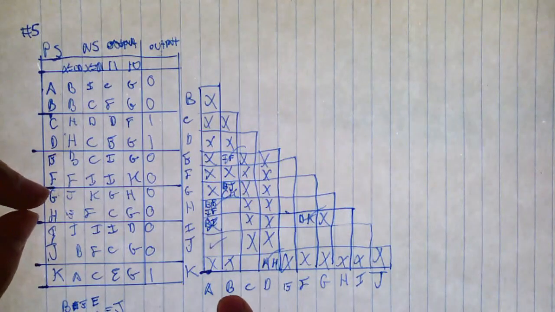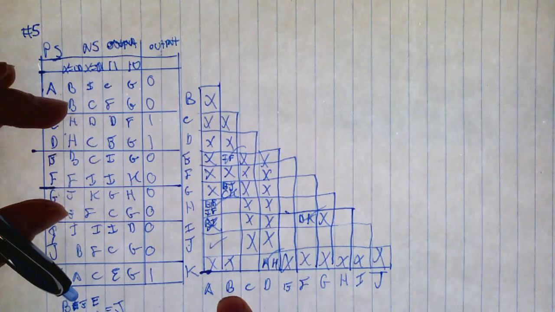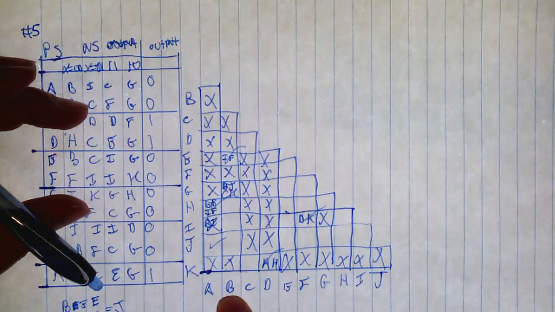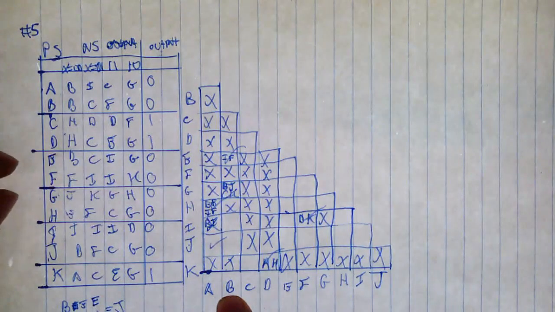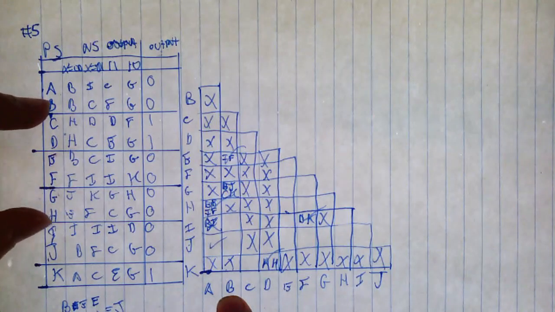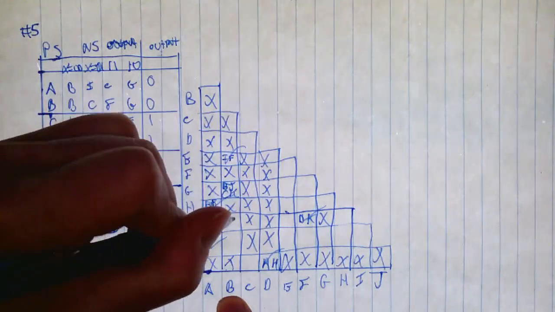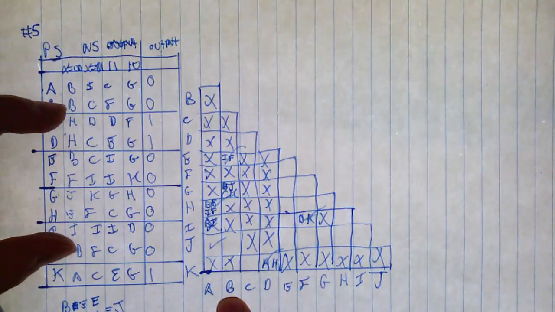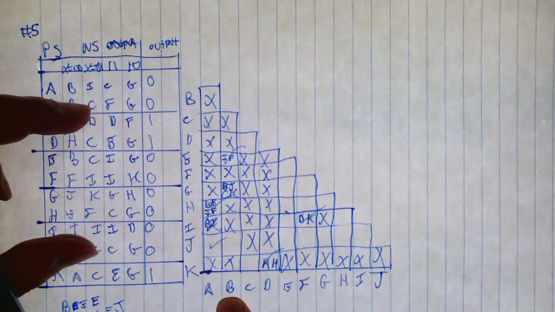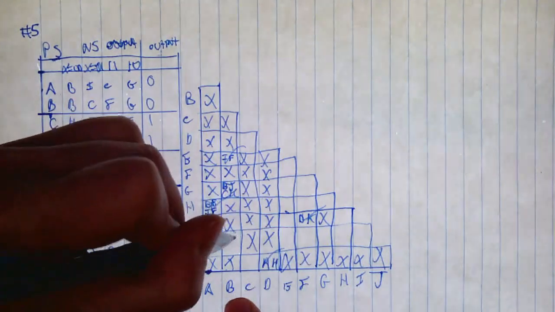And so what were we doing? B and H? B and H depends on B and E, which is equal. C and F, which is not equal. B and I depends on B and I. C and I, which is not equal. B and J depends on B and B. C and F. C and F is not equal, so that's not equal.